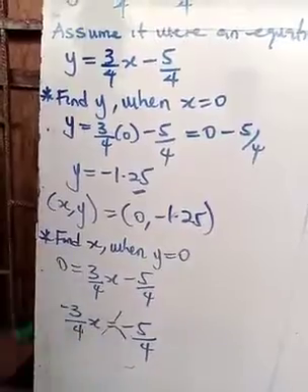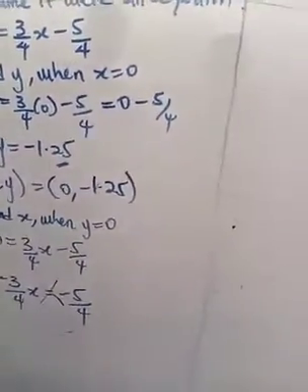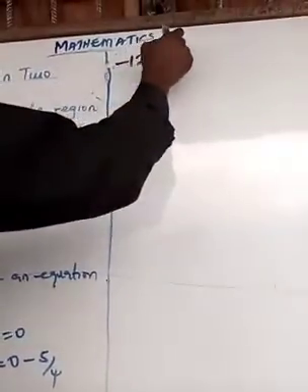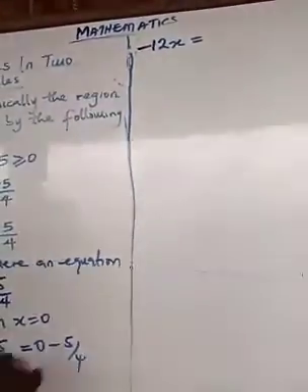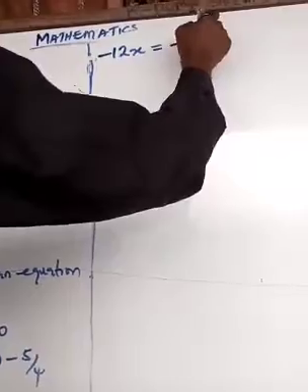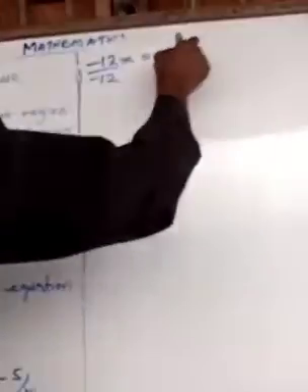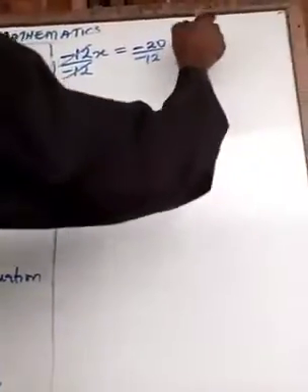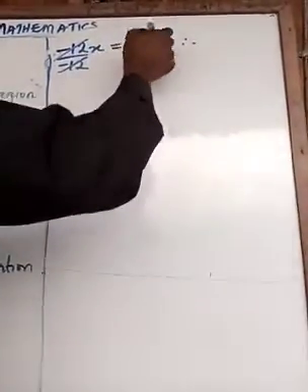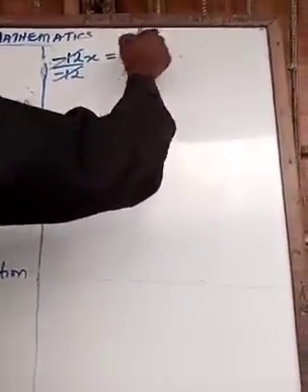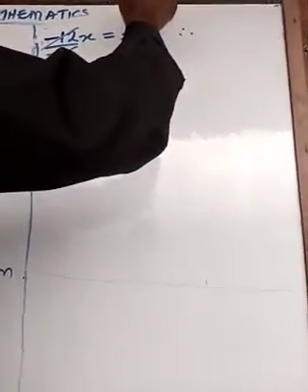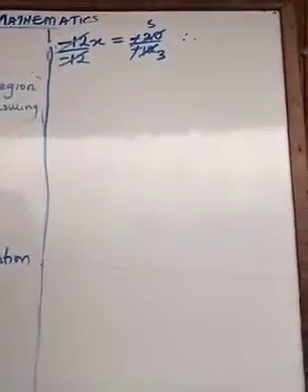If we cross multiply from here, we have 4 times minus 3, that's minus 12x, is equals to 4 times minus 5, that's minus 20. So if we divide both sides by minus 12, minus cancels minus, so 4 in 12 is 3, 4 in 20, that's 5.